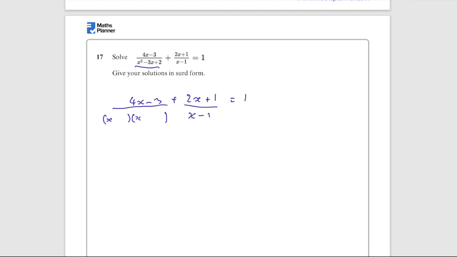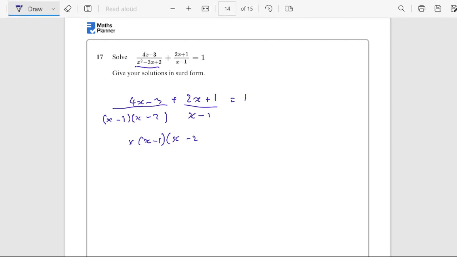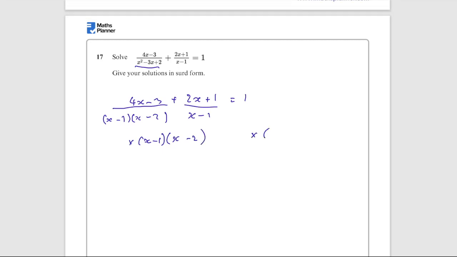So that's going to be -2 and -1. Right, I'm going to times both sides of my equation now to get rid of all of my denominators. I'm going to times both of them by the lowest common denominator for the 2 parts, which is just going to be this part. So I'm going to times by x minus 1 multiplied by x minus 2 on both sides of my equation.